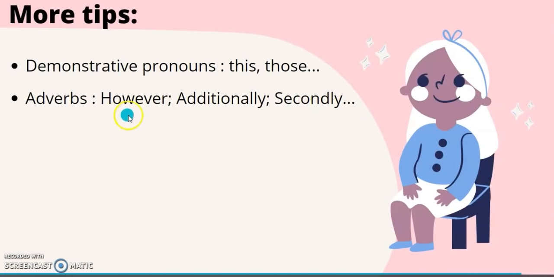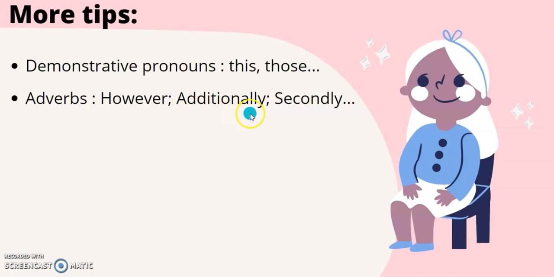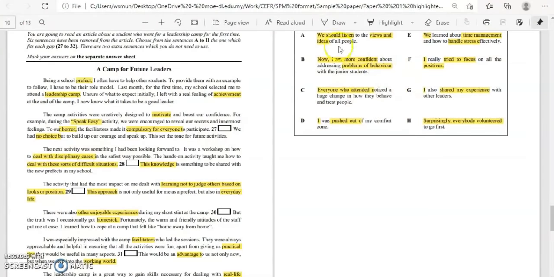Adverbs like however, additionally, secondly, these are all the words that give you hints. Like the word "now" in sentence B links the idea of what the writer has learned from the hands-on activities mentioned in the sentence before it.